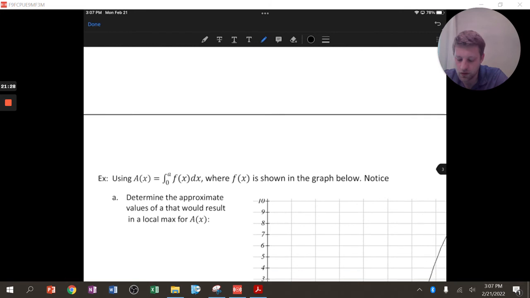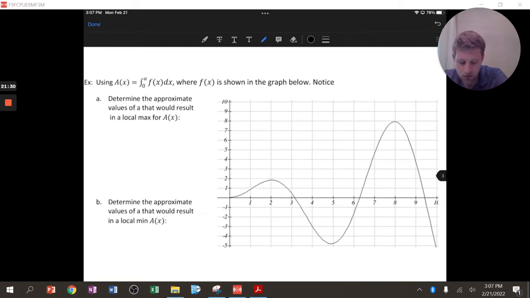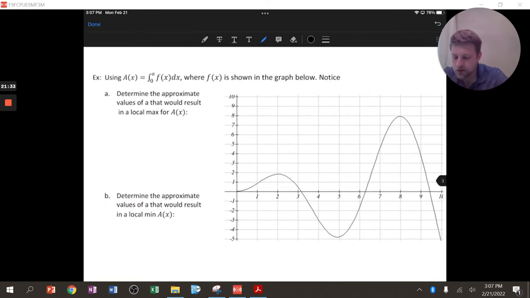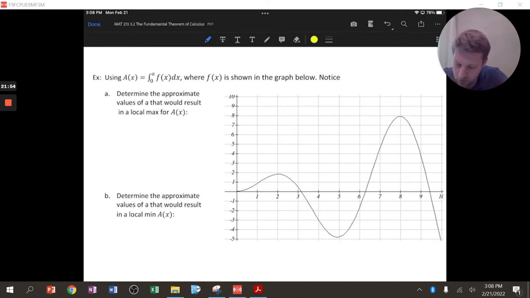Let's go ahead and consider another graph here. So using capital A of x as the integral from 0 to a of the function f of x dx, where f of x is shown in the graph below, we want to determine the approximate values of a that would result in a local max for capital A of x.